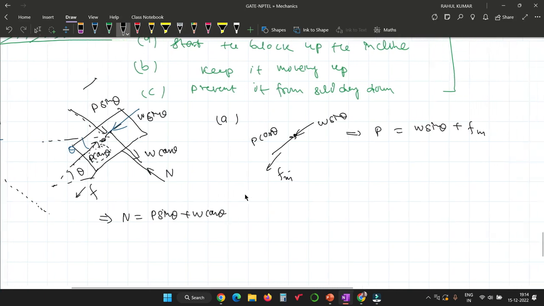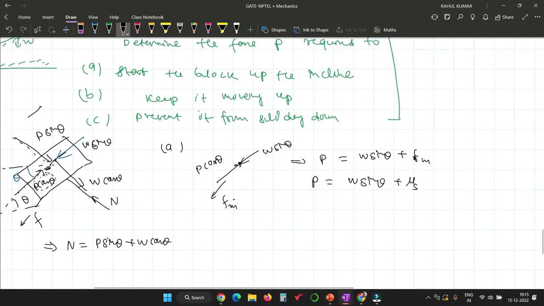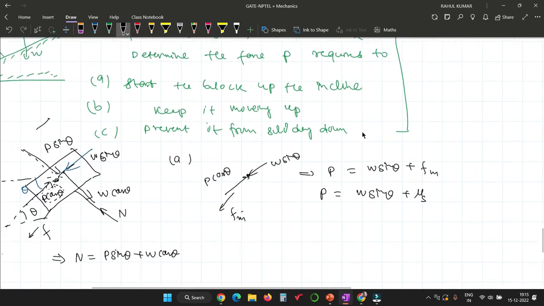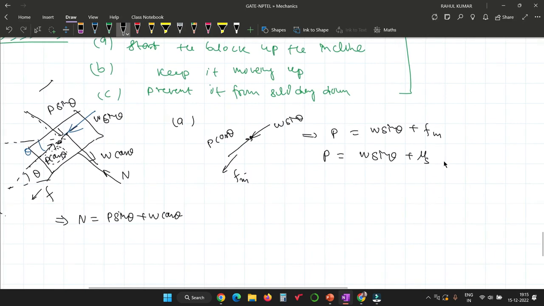Now from this equation, P cos theta equals W sin theta plus Fm, and Fm equals mu s N, because the situation is just about to start, so it is static equilibrium. Here N is P sin theta plus W cos theta.